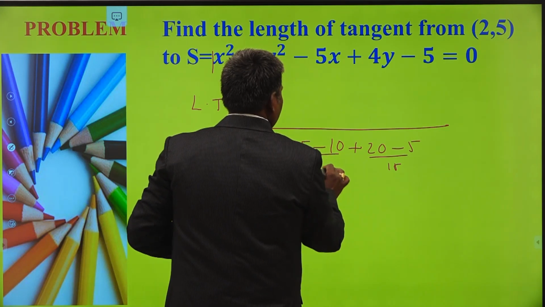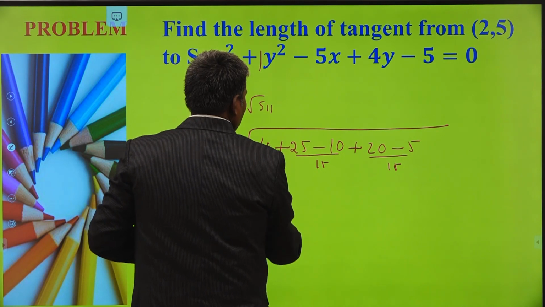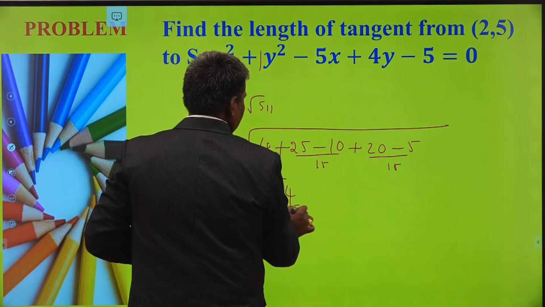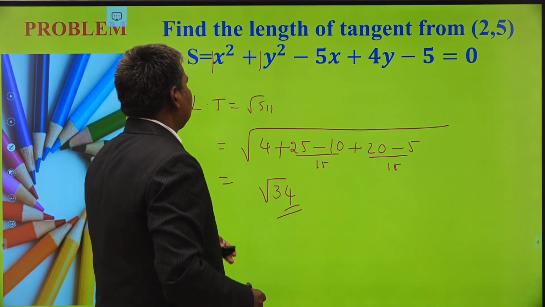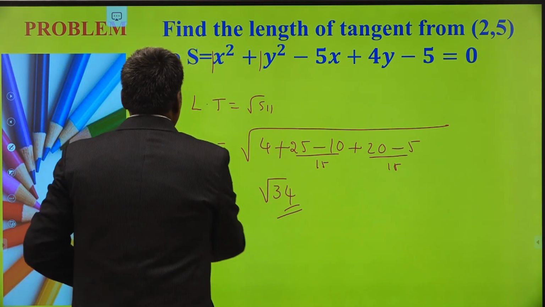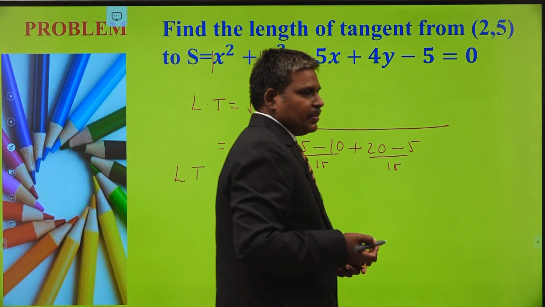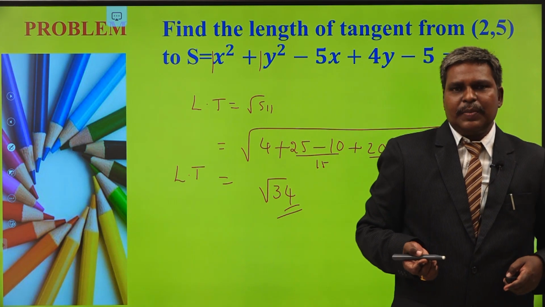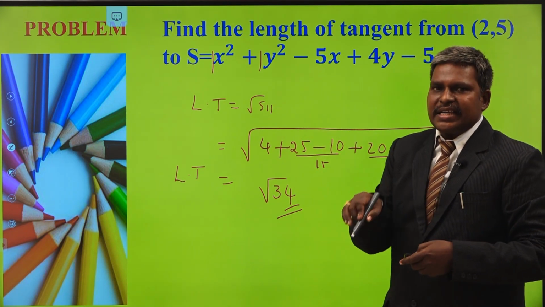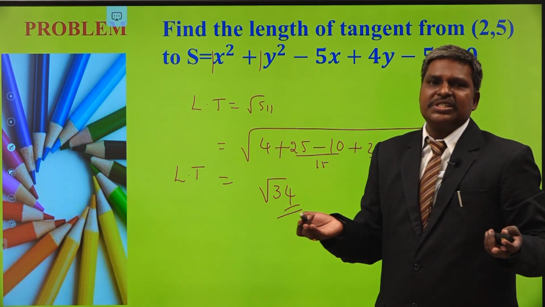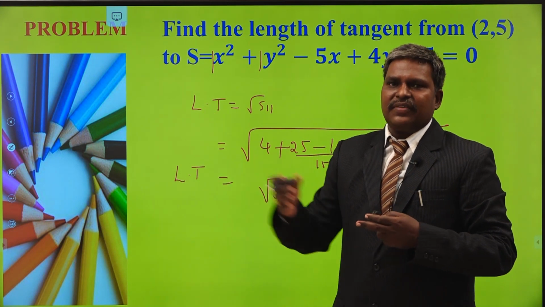This is also again 15. 15 plus 15, 30, plus 4, 34. Root 34 is the length of tangent from point P to the circle. So length of tangent is obtained by root S11. Am I correct or not? So your point must be outside. If your point is inside of the circle, finding the length of tangent is meaningless. So your point is always outside of the circle, then the length of tangent is defined.